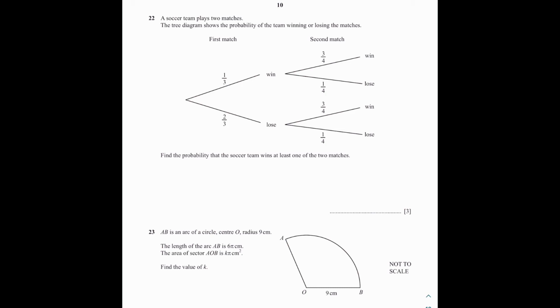At least one of the 2 matches, so the winning rate is first 1 over 3. Write that down, times the probability that one is.